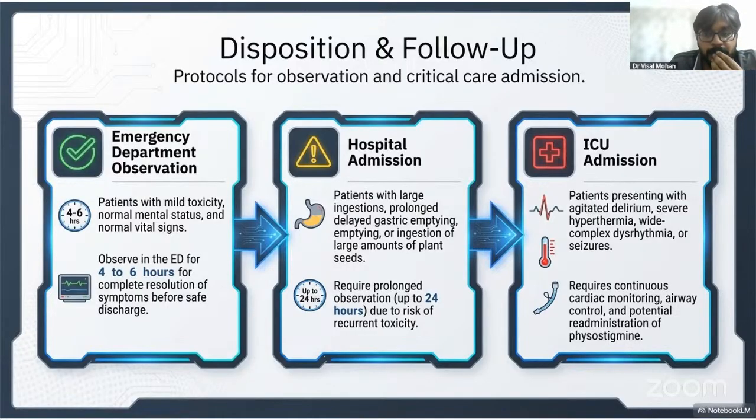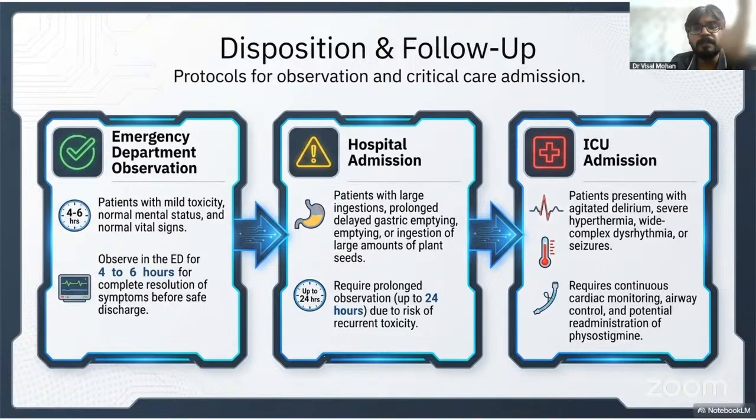In these patients, we'll have to admit the patient to the ICU, and re-administering physostigmine might also be important. So this is how we dispose of the patient, whether we need to admit or discharge.